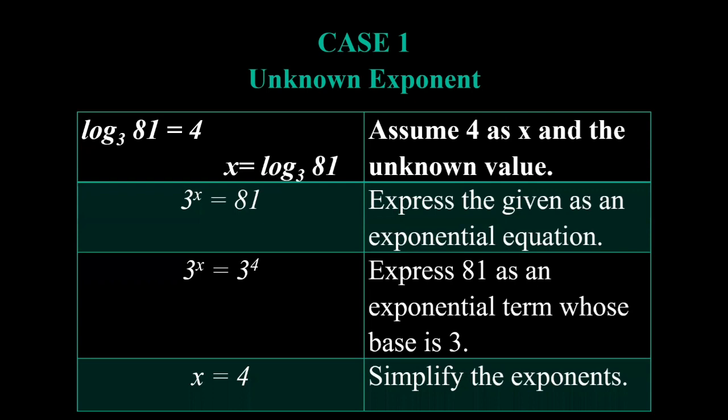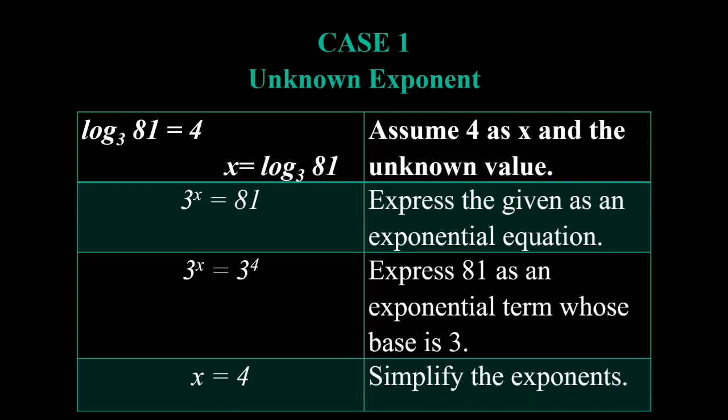In solving the unknown exponent, we use the exponential form. It is really important that we know the exponential equation because we are going to use it in the logarithmic equation.